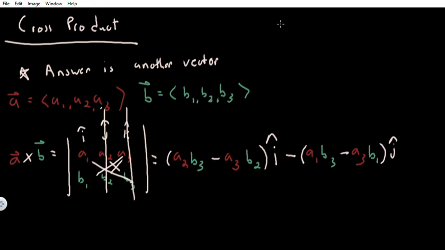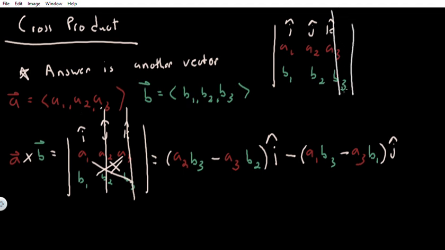Let me write another matrix over here. So now I have A1, A2, A3, and B1, B2, B3. Last time I crossed out j hat, now I'm going to cross out k hat.